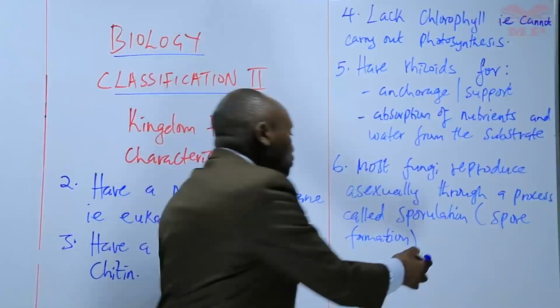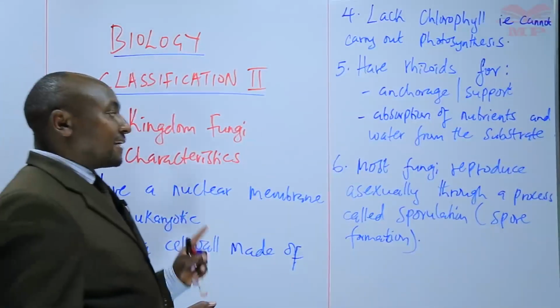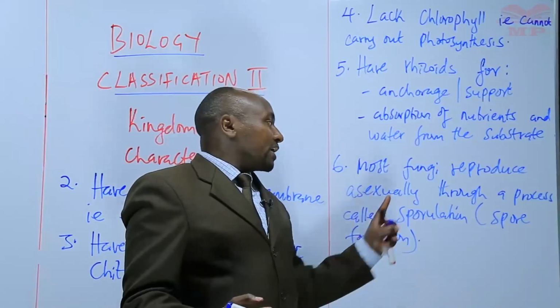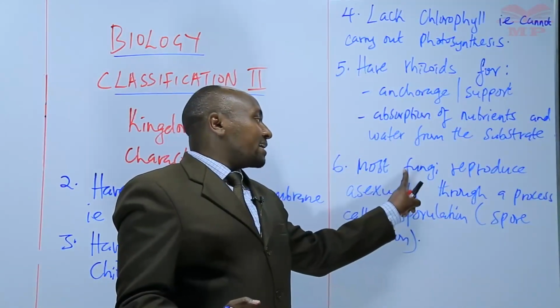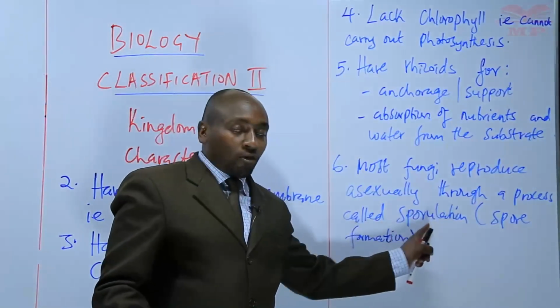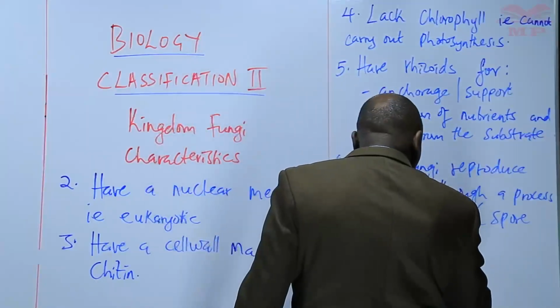However, it's also good to know that we have a few fungi that reproduce sexually. We have a few that reproduce sexually, but we are saying that most of them reproduce asexually through spore formation or through sporulation. So we can also mention that under the same point.